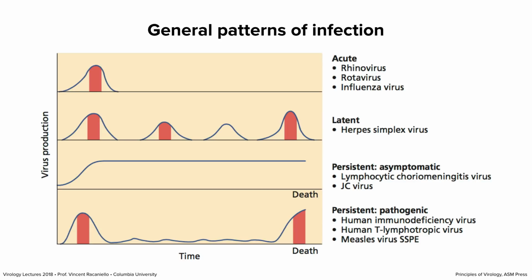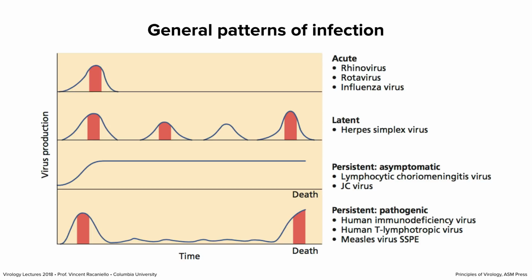The blue lines represent virus production, and the red bars are episodes of disease associated with infection. On the top is a typical acute infection caused by rhinoviruses, rotaviruses, influenza viruses. You have disease associated with virus production, and then the virus is gone. It's cleared, and you recover, and that's the end of the infection. So that's what acute means.